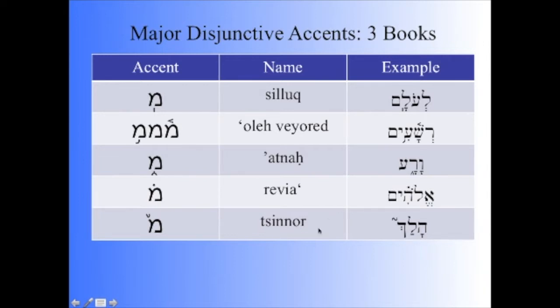And the tzinor, which is this little squiggly line, usually occurs slightly to the left of the last consonant of the word. Note that it is not represented correctly in Walker-Jones.